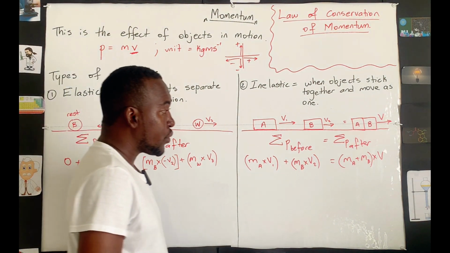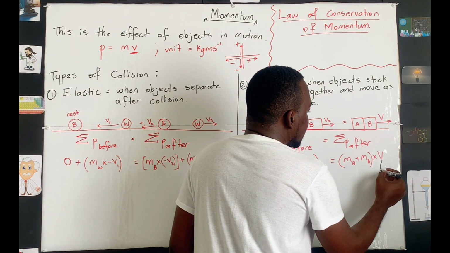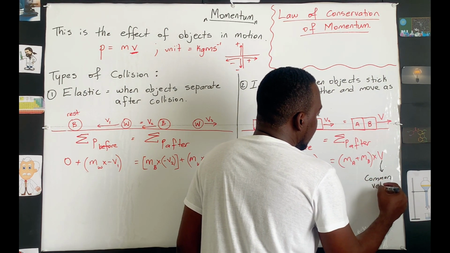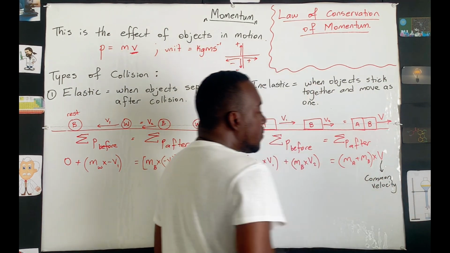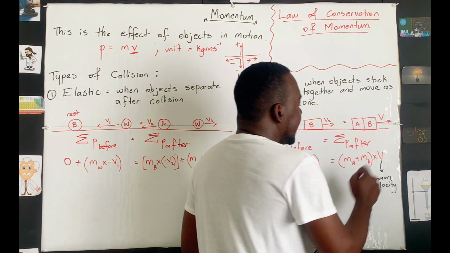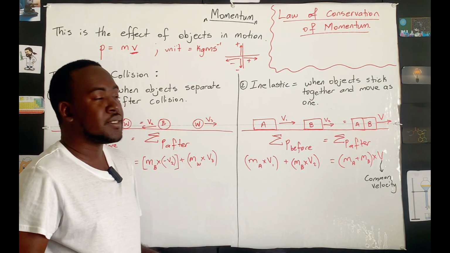Alright, and therefore this velocity is sometimes referred to as the common velocity. The common velocity means the objects stick together and they're moving at the same unique velocity.